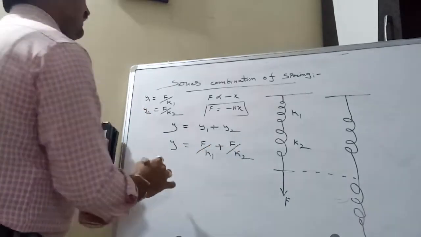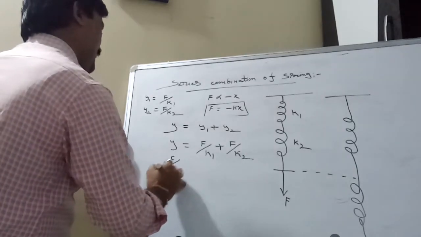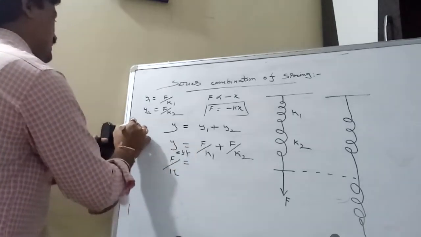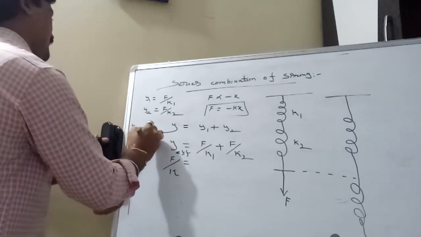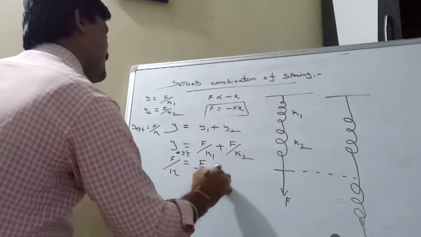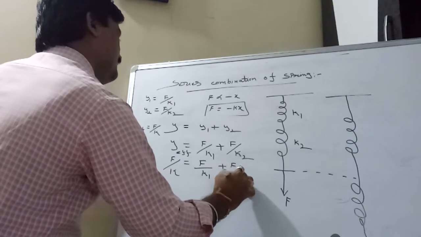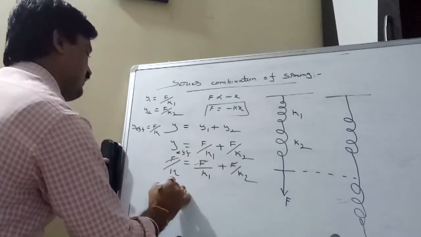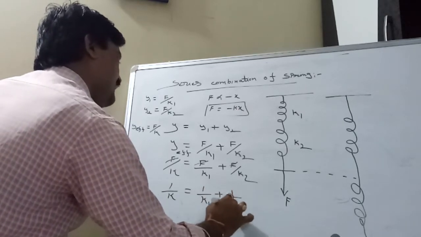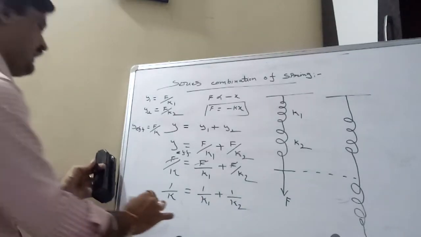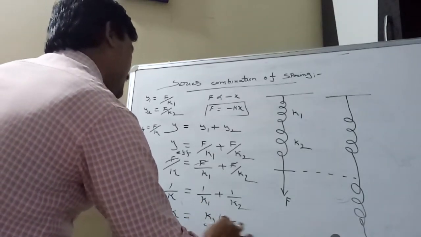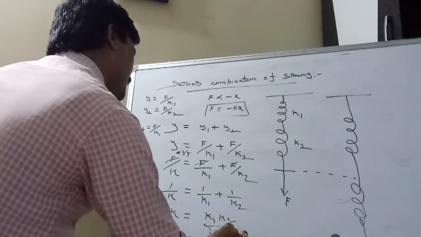The resultant Y is equal to F by K. So F by K equals F by K1 plus F by K2. F is common, so 1 by K equal to 1 by K1 plus 1 by K2. That is K is equal to K1 K2 by K1 plus K2.